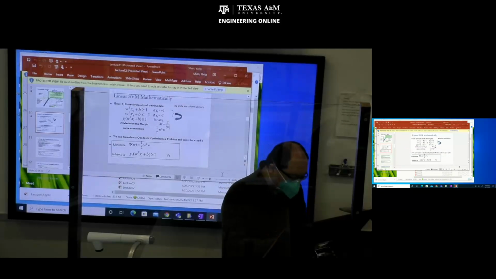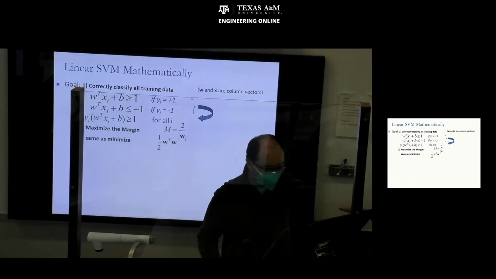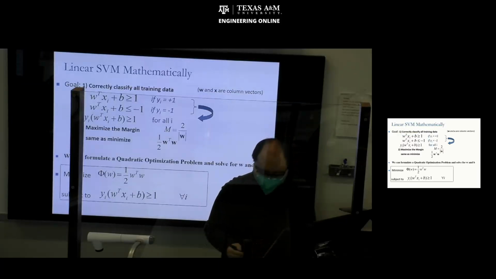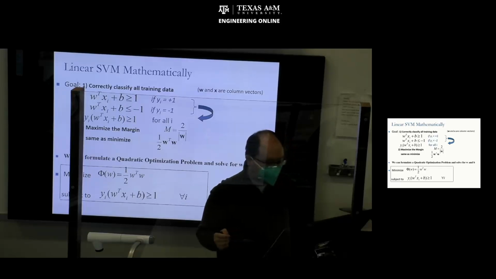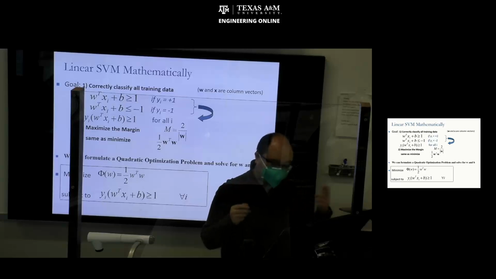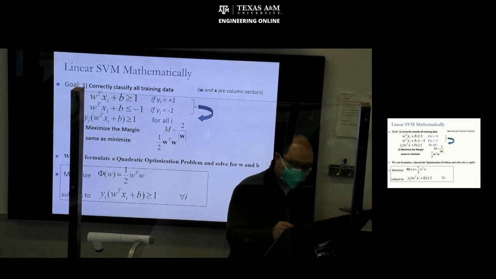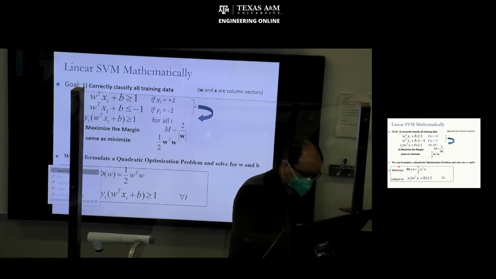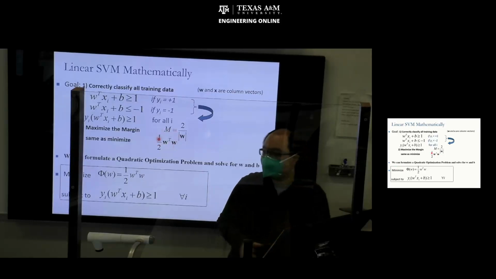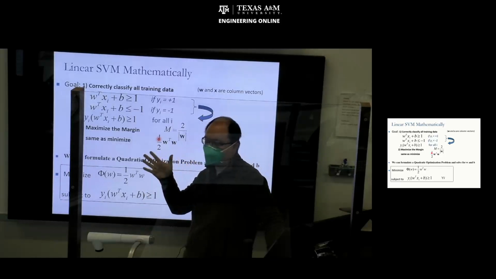Now we can make one last change: instead of maximizing 2 divided by the norm of w, we can minimize the norm of w directly, or we can minimize the square of it, which is easier because you don't want to have the square root in it.